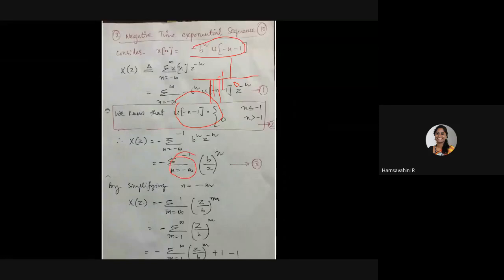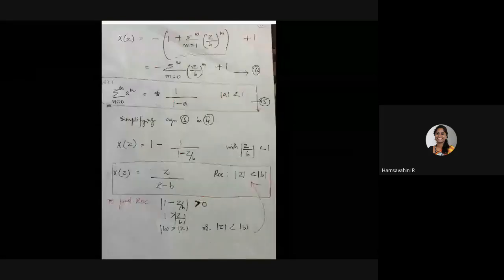So what we will do is we will substitute n is equal to minus m. In that case, we will get m is equal to 1 to infinity, and this n will become minus m. So it will become b to the power minus m and 1 by z to the power minus m. By modifying this, I can make z by b whole to the power m.